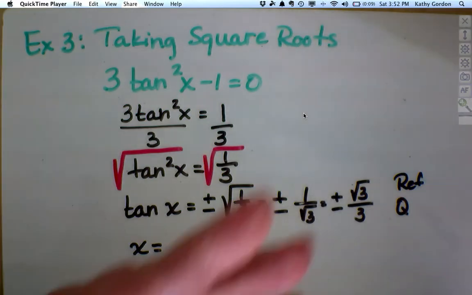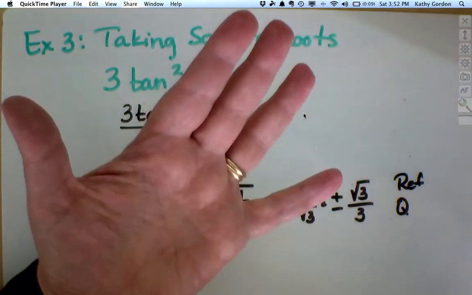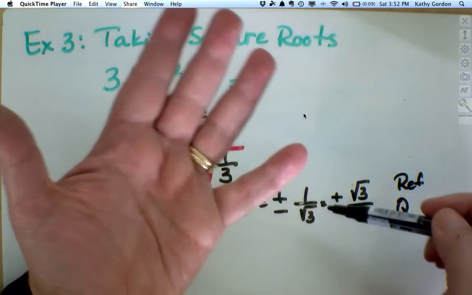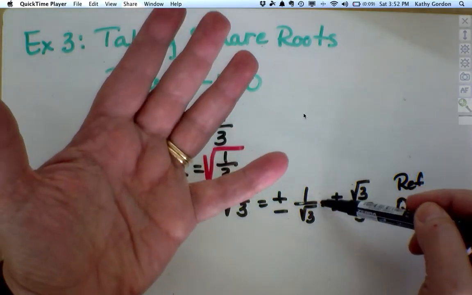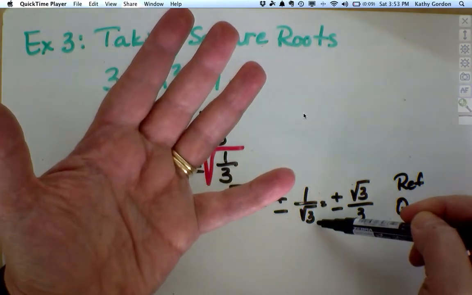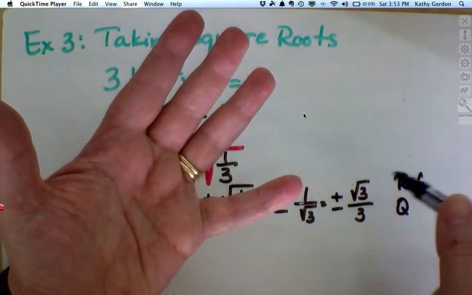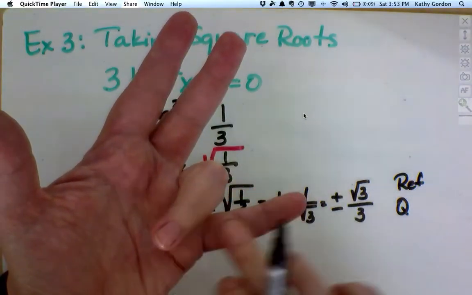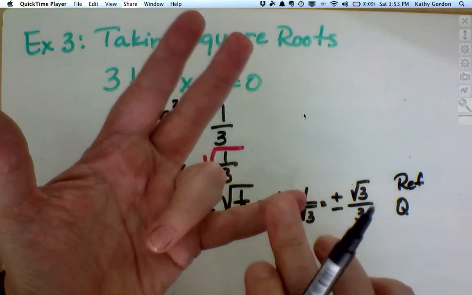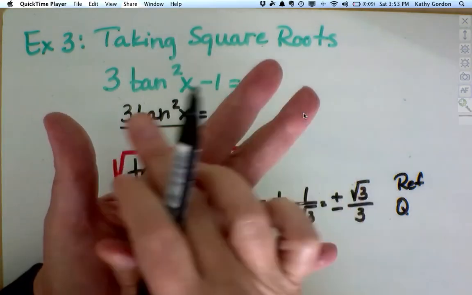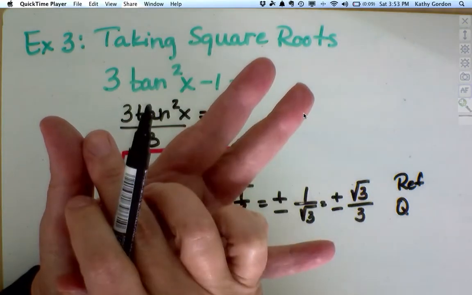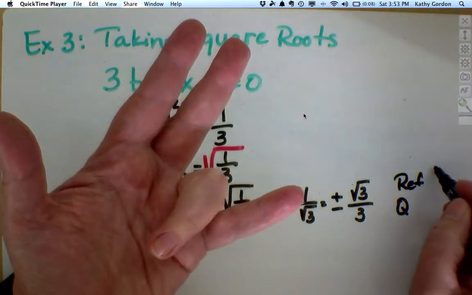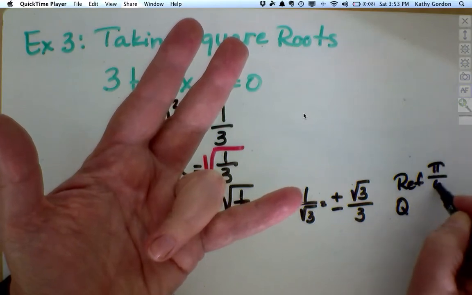So again, going back to our finger trick, we need to know which finger to put down so that my sine is going to be 1 and my cosine is going to be the square root of 3. And that ends up being this finger. The sine is square root of 1, and the cosine is the square root of 3. So this finger represents a reference angle of pi over 6.